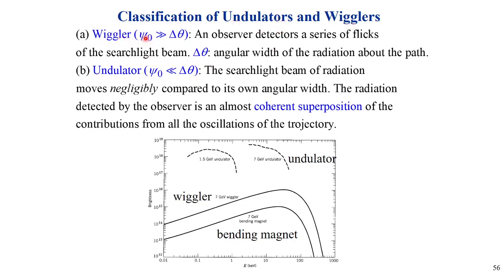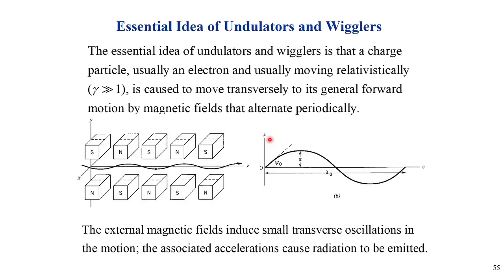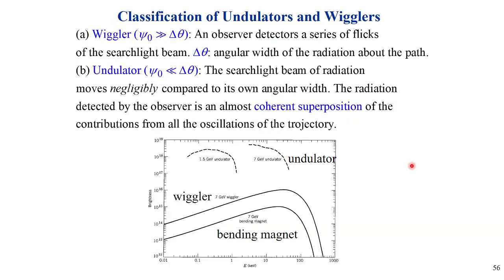For a wiggler, phi is very large. What is phi? Phi 0 is here. That's very large, and much greater than delta theta.